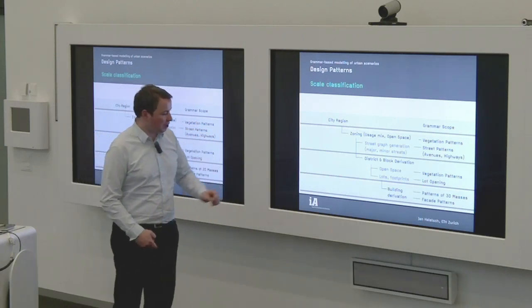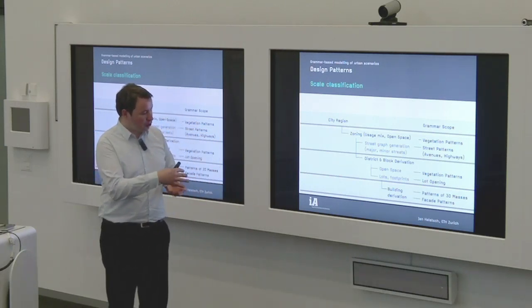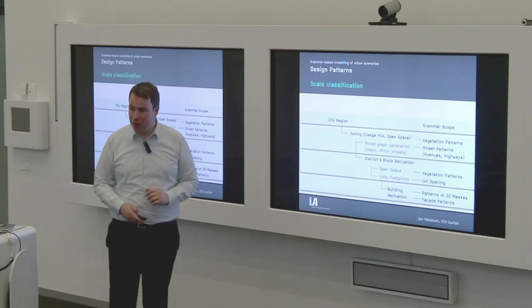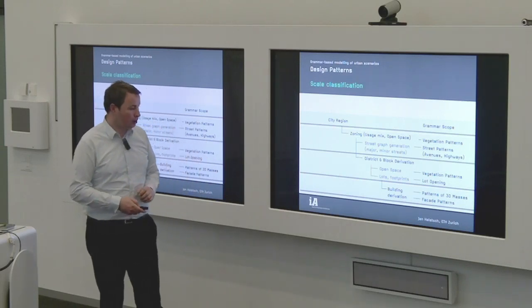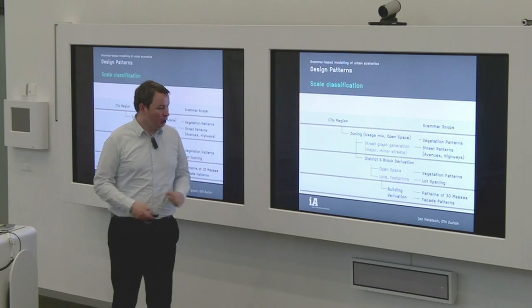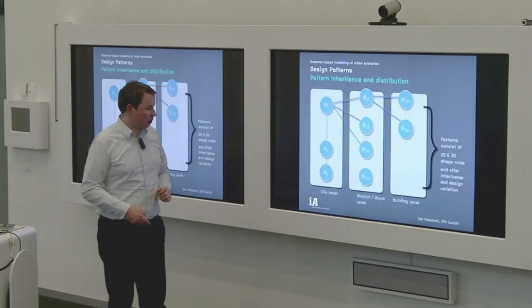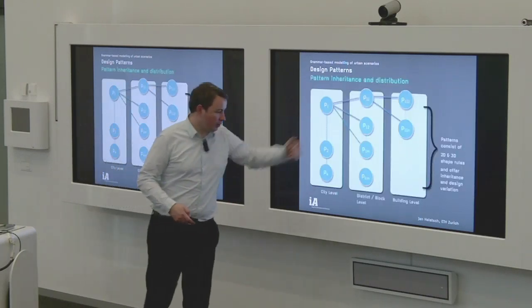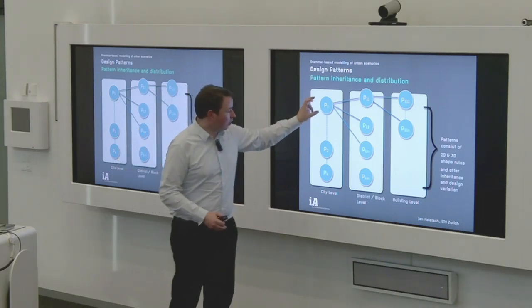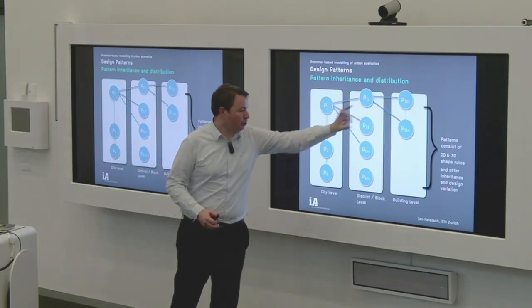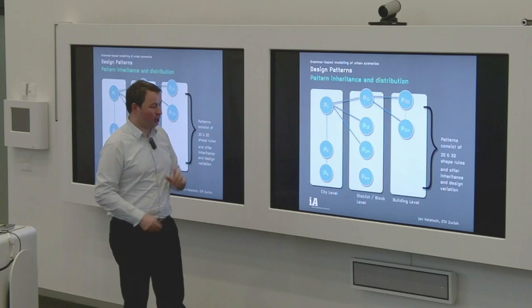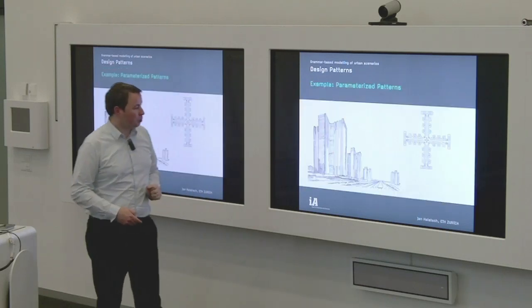And if you set up such a construction rightly, you really can describe a whole city, or at least a block where you want to do your master plan. So that's just an example of how you can go from large scale to lower scale, so all those patterns are combined and put together.